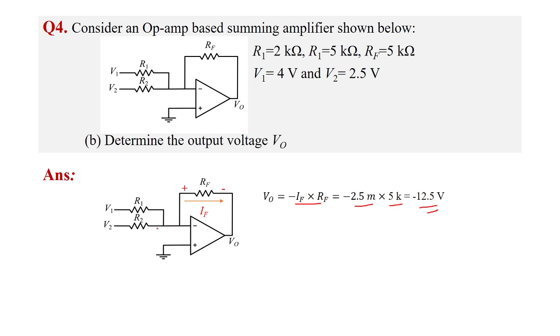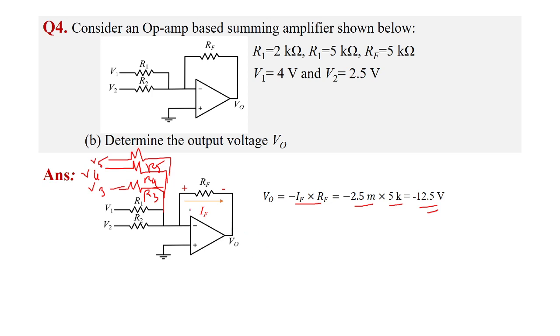Okay, so what is the takeaway? In a summing amplifier, for example, if many inputs are connected, say I have connected other resistors like R3, R4, R5, and input voltages V3, V4, V5, how do we find V0?